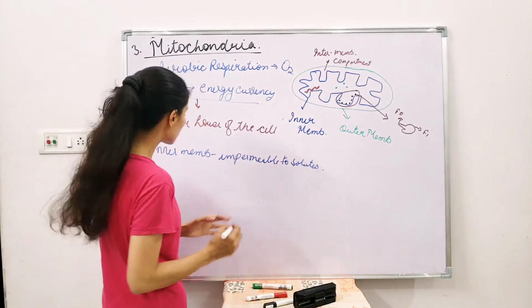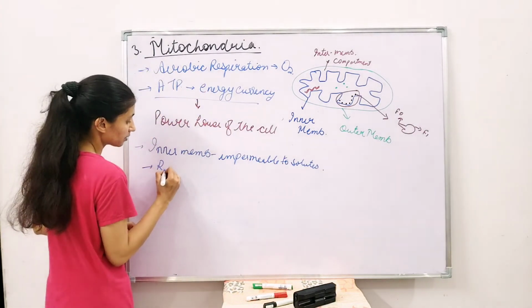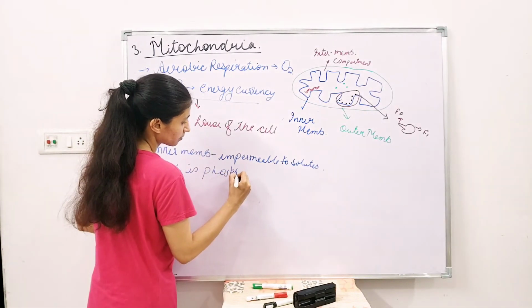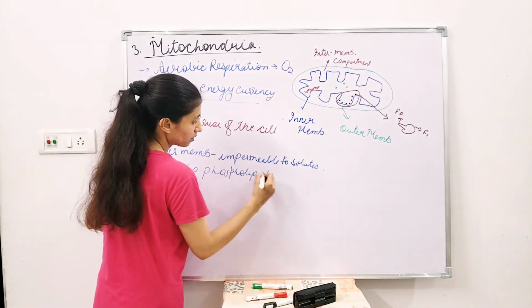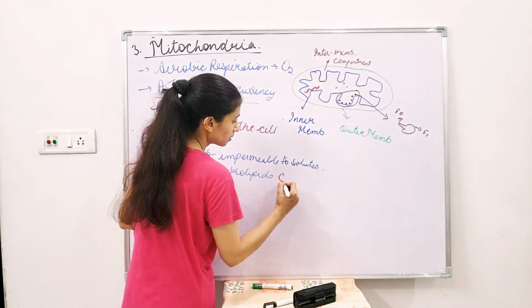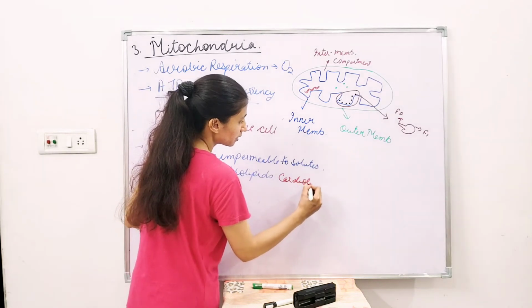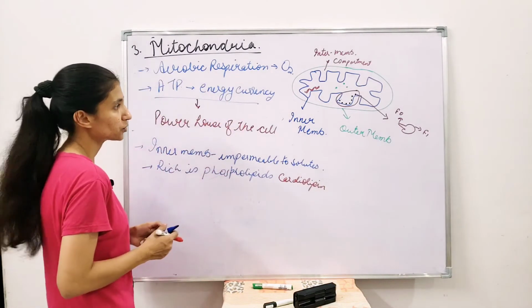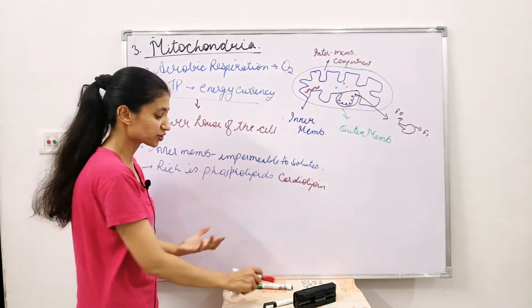It is impermeable to solutes, but it is very rich in phospholipids. One such phospholipid is cardiolipin. Cardiolipin is one such phospholipid which is present in the inner membrane, and it is very rich in that.